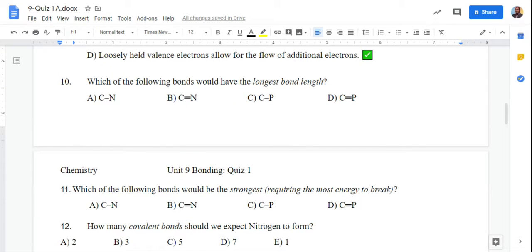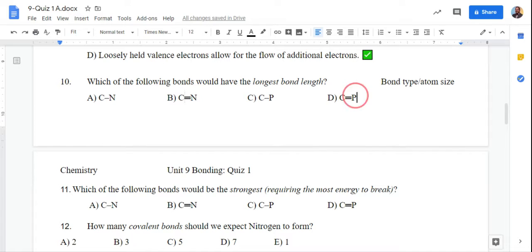Okay, which would have the longest bond length? So again, the two main factors are going to be bond type, whether it's single, double, or triple, and atom size. With those two, longer bonds are going to come from single bonds, and then as you go from single to double, it shrinks.